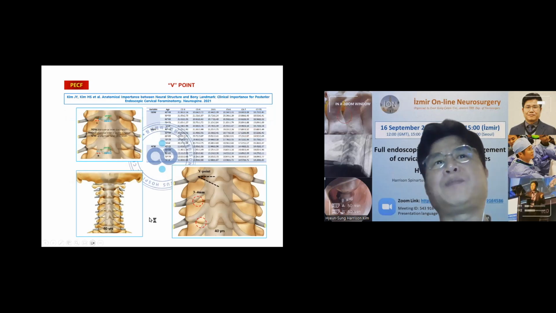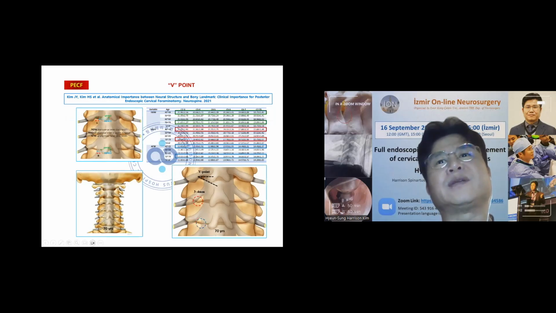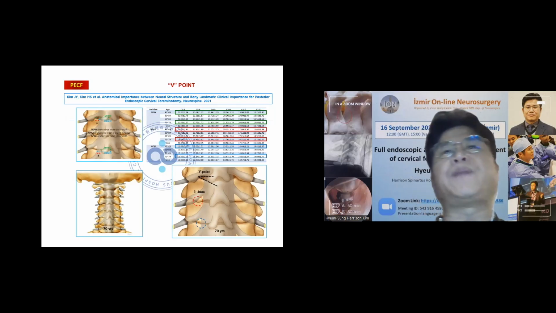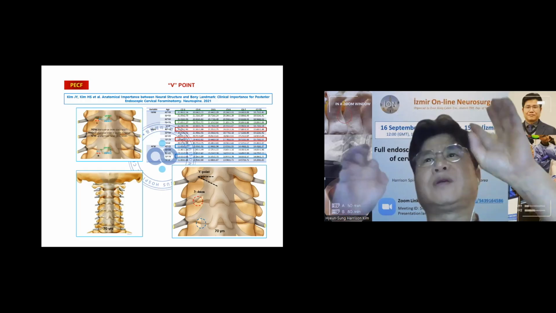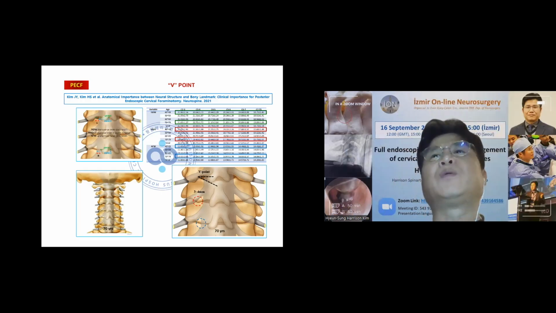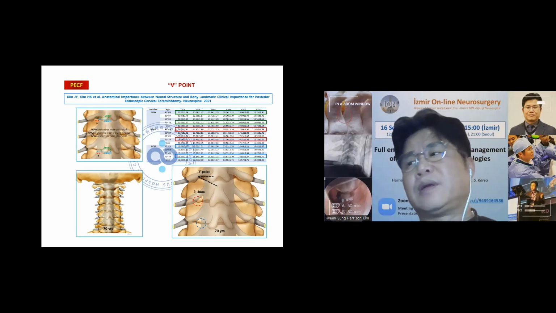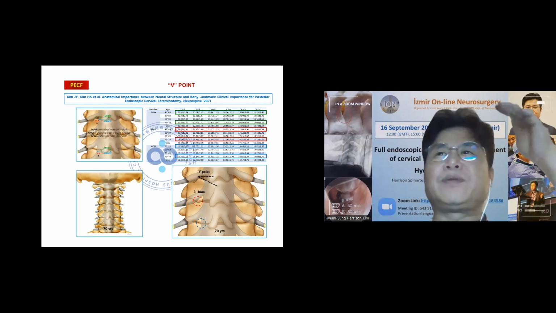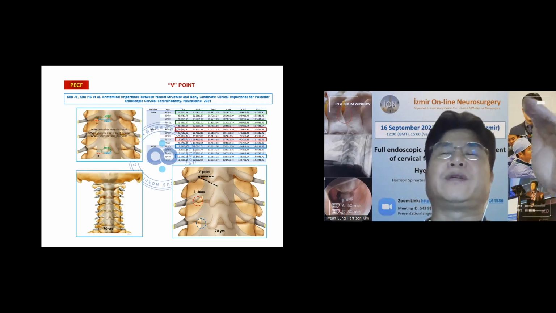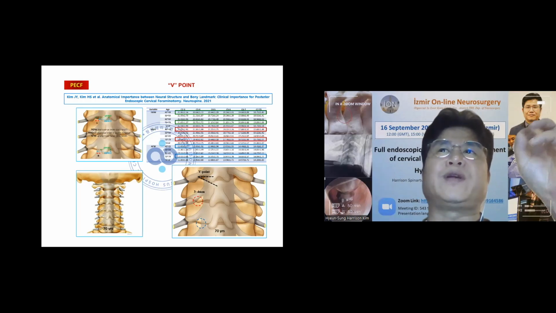Another important point in this paper is that the spinal cord also changes with age, becoming wider laterally. Because of that, in older patients the V point crosses more centrally, but the spinal cord spreads more laterally. Because of that, the chance of cord injury is higher and higher, especially above the C4-5 level, where the spinal cord is very close to the V point.